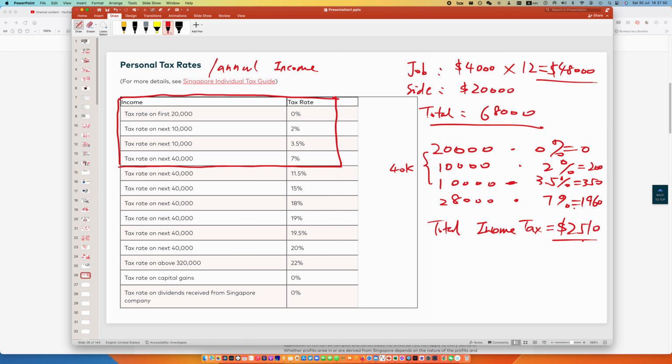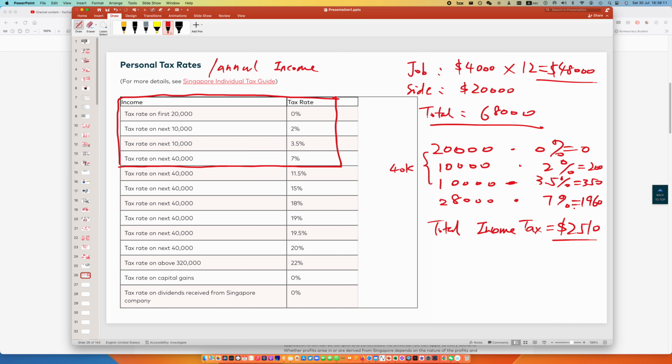Okay. So this is the way to look at this example, and this is a very common question, by the way. But for that it is 28,000, right? But they say the tax rate on the next is 40,000.